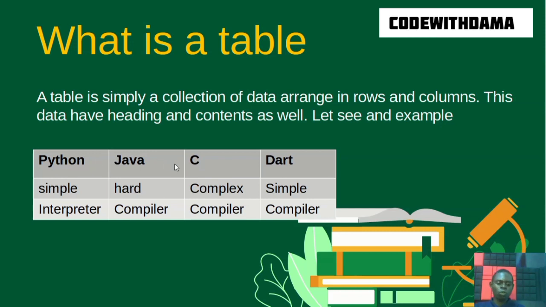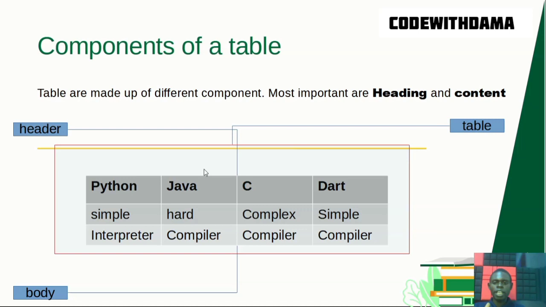So let's go further to explain how this table can be built using the different components available in HTML. You can create a table using the table element in HTML. The table element is made up of headers, that is the headings of the table, this part, as well as a body for this part of the code.